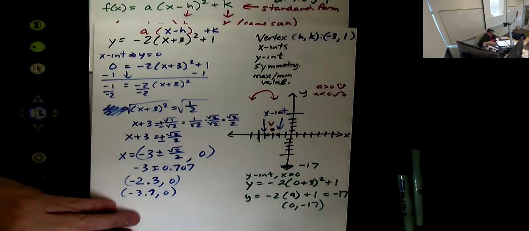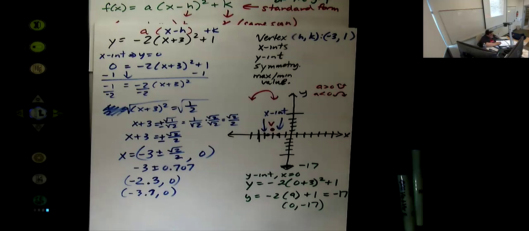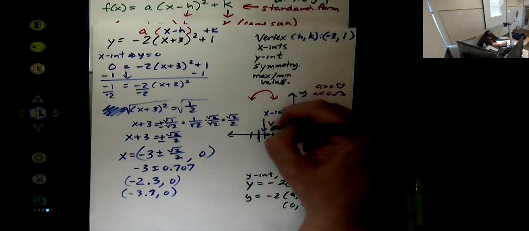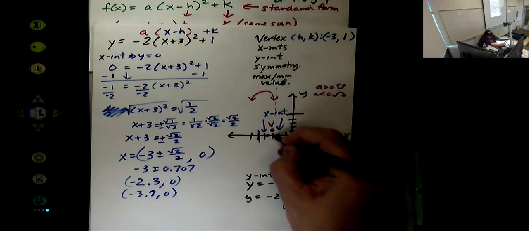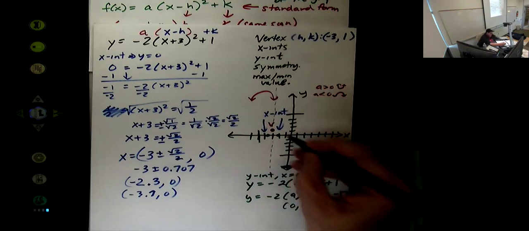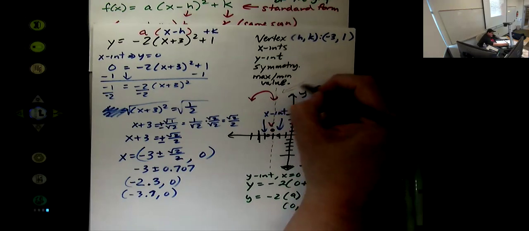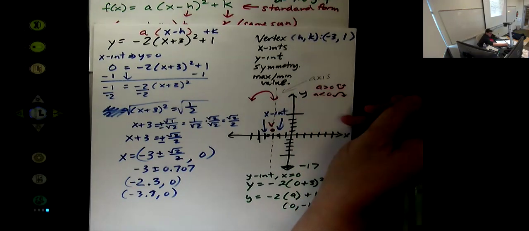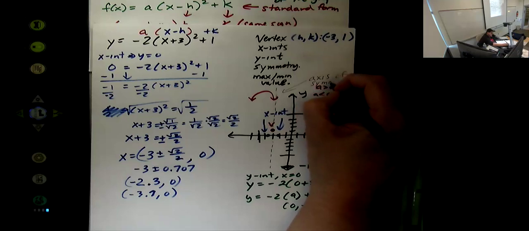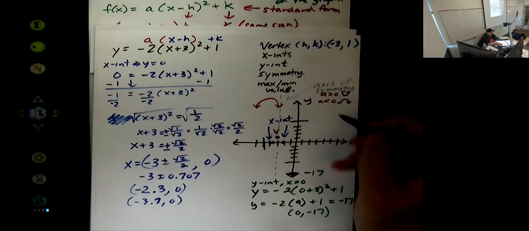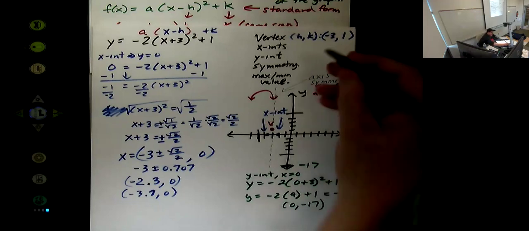All right, I'm going to use a regular pen to do the axis of symmetry. The axis of symmetry goes through the vertex. It's got the same h value as the vertex, so it's x equals -3.